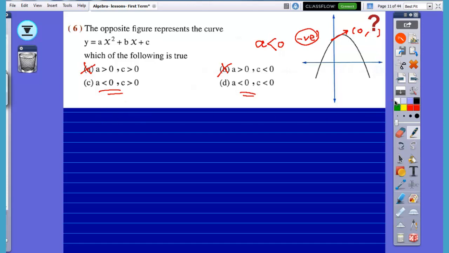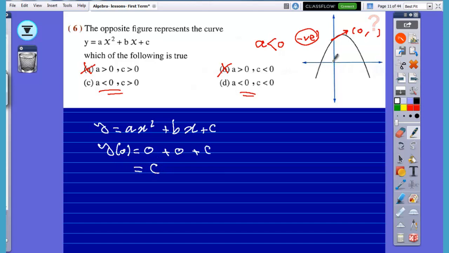Back to the equation, we have y equals ax square plus bx plus c, and put x equals 0. We have y of 0 equals 0 plus 0 plus c, so the y coordinate when x equals 0 is c.